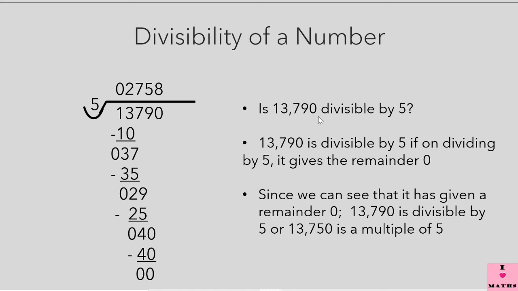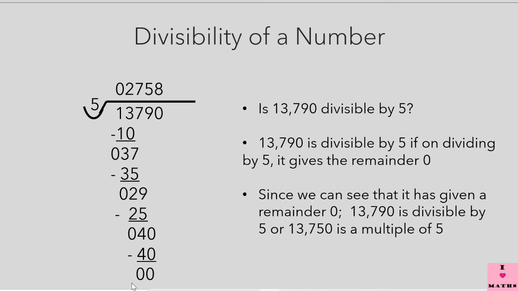One method is already known to you. It is the conventional method, in which you will write 13,790 as the dividend and 5 as the divisor and divide it. 5 2s are 10, 13 minus 10 is 3, copy 7, 5 7s are 35, 37 minus 35 is 2, copy 9, 5 5s are 25, 29 minus 25 is 4, copy 0, 5 8s are 40, 40 minus 40 is 0.